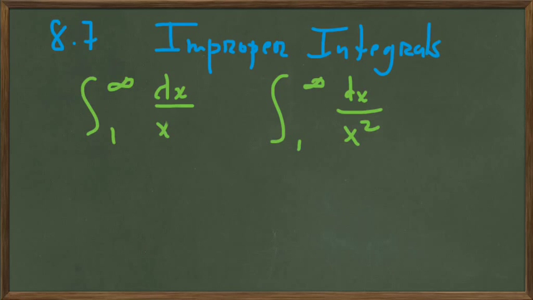Remember, integral is the same as area, so both of these integrals are the area under the curves, this curve being 1 over x, this curve being 1 over x squared. So it's the area under these curves on the interval 1 to infinity.